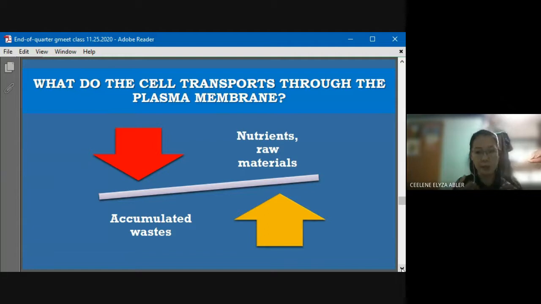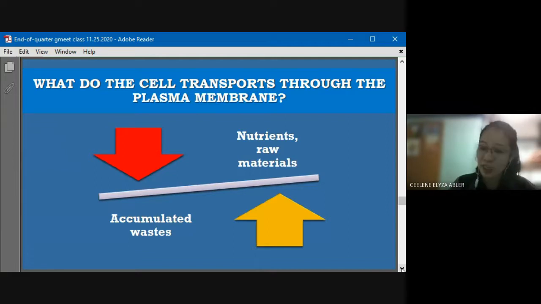Pwede silang papasukin kay cell. And those that are becoming as wastes of the cell are actually taken out of the cell. So, yun siya ang pinapa-osmose out of the cell. Ang pinapapasok naman, pinapa-diffuse inside the cell through the semi-permeable plasma membrane is the nutrients and the raw materials.